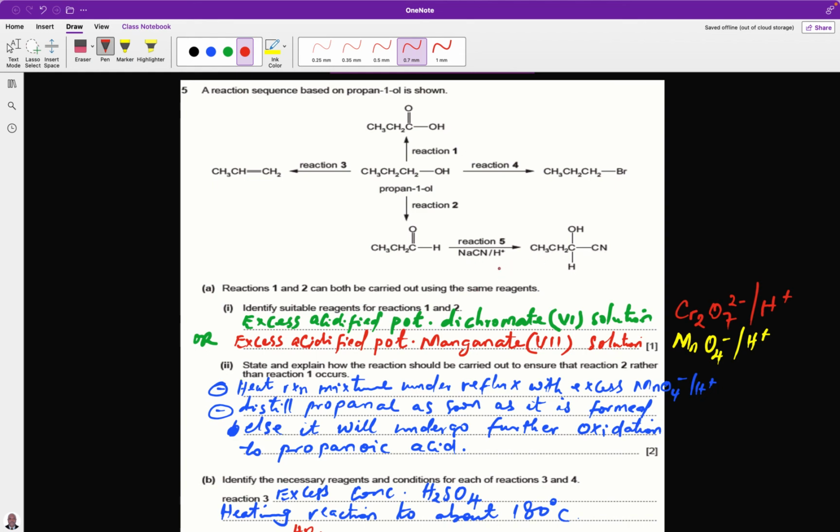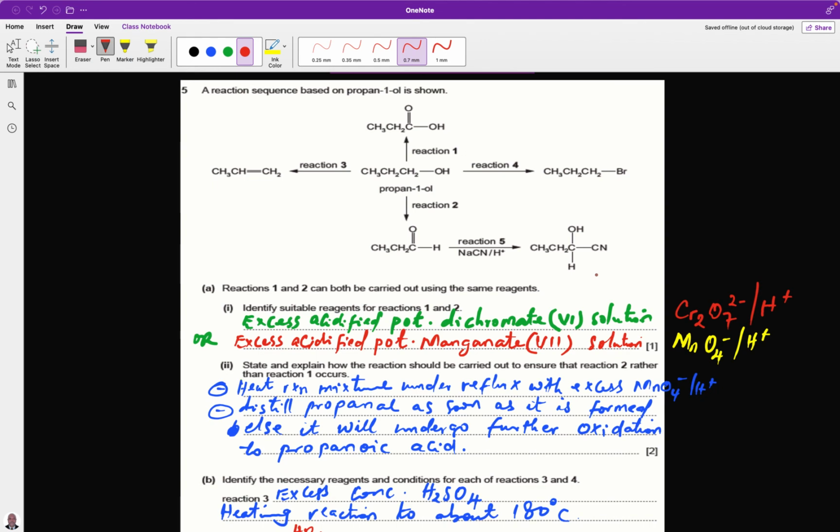Remember, you could have been given reaction 5, the nucleophilic addition of cyanide into this carbon, telling you that an extra carbon atom has been added here. This one results in a chiral compound.